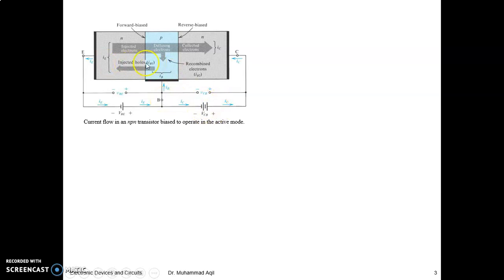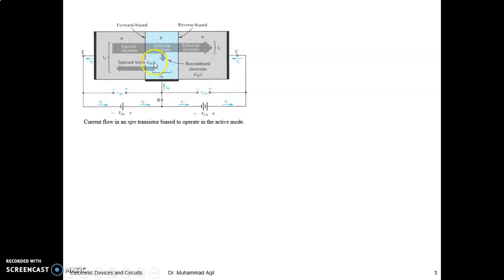Because this junction is forward biased, this diode will start conducting, right? Because this is an n-type semiconductor, it has electrons as majority carriers, so they will drift towards the p region. Since p is very thin and lightly doped, some of the electrons will combine with the holes, the majority carriers of p type, right?